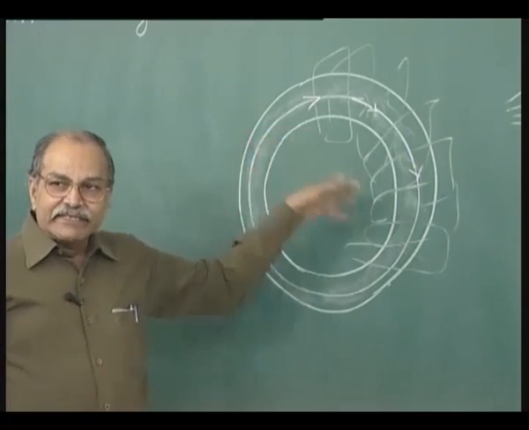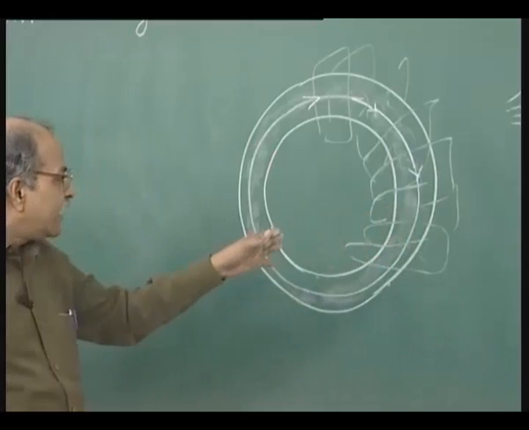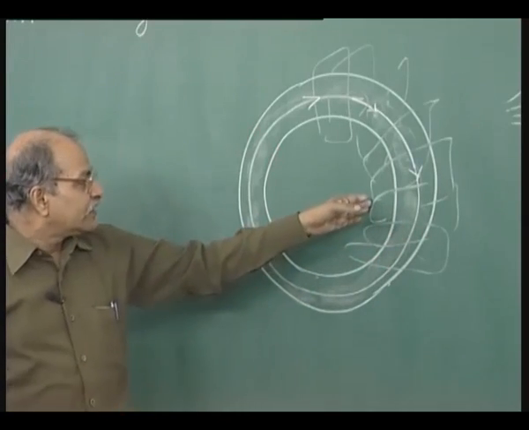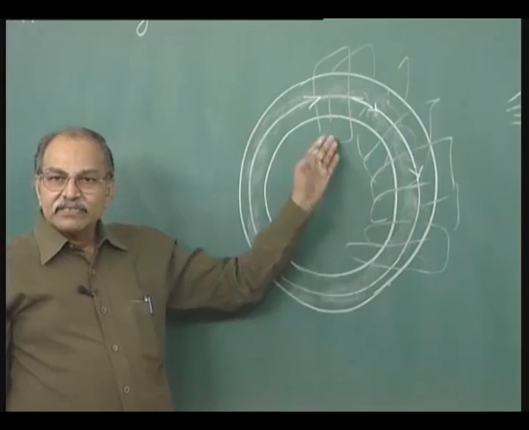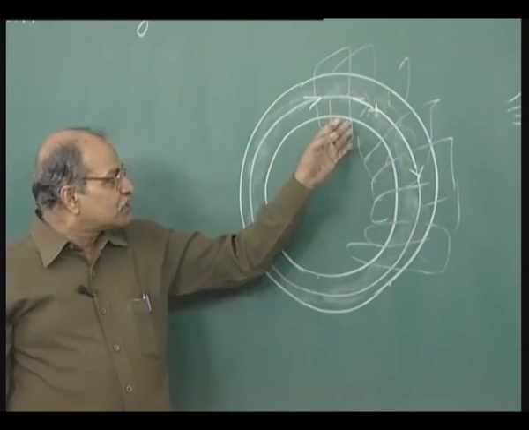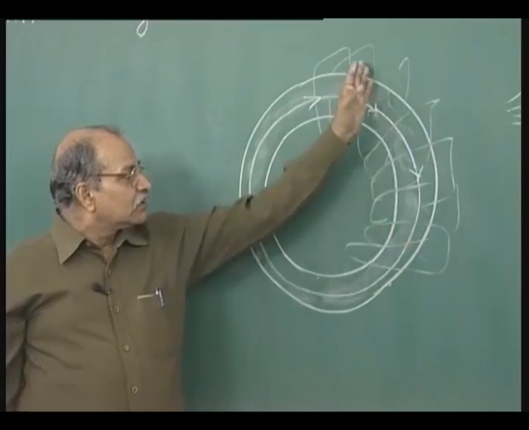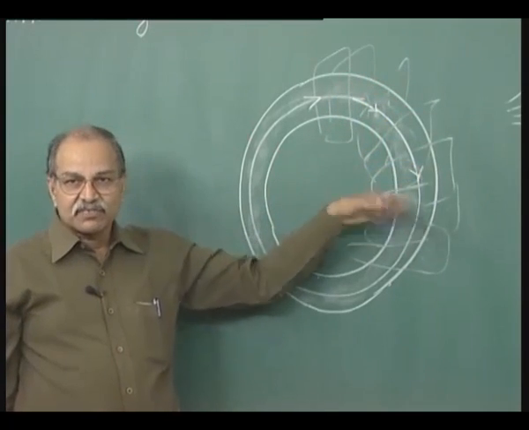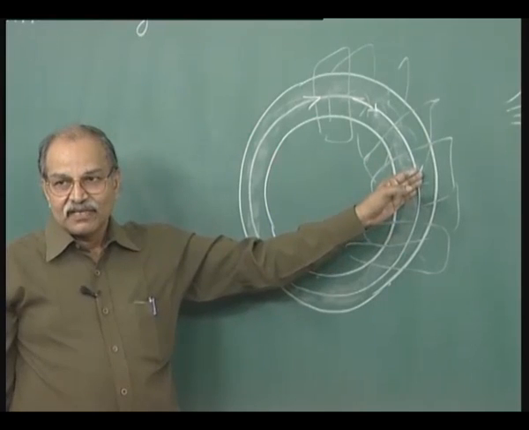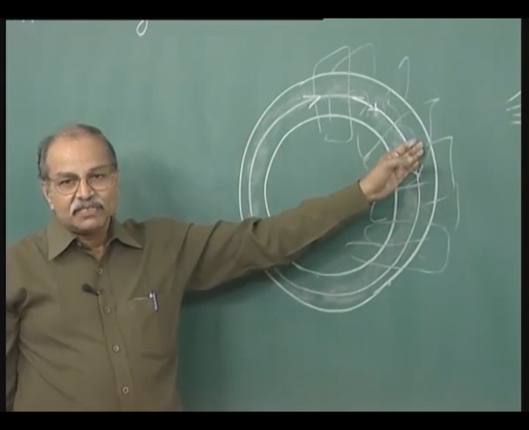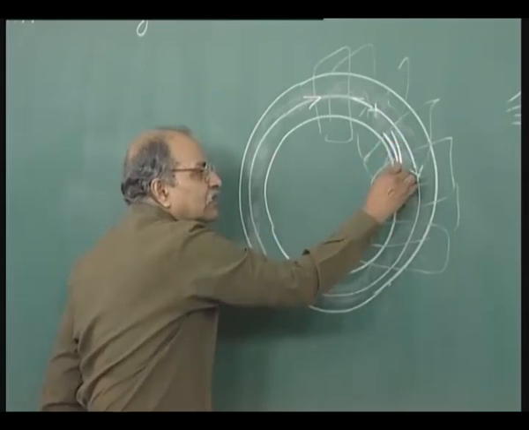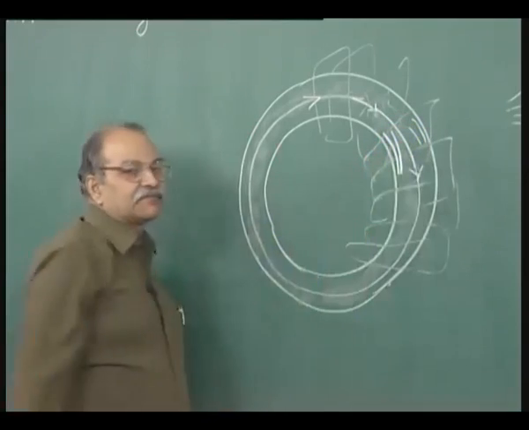But then in this design there is an inherent problem, and that is that on the inner side the concentration of these coils will be larger, on the outer side it will be smaller because of the radius difference, and so the field will not be uniform inside this volume. The field will be stronger here and the field will be weaker here.